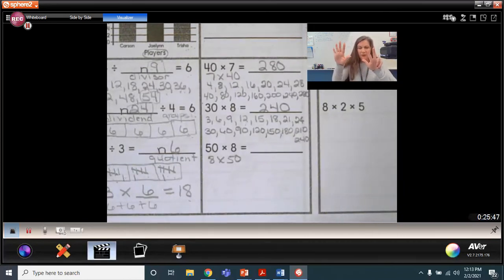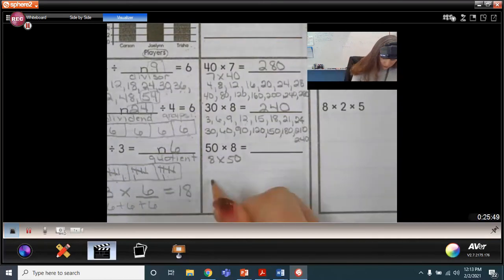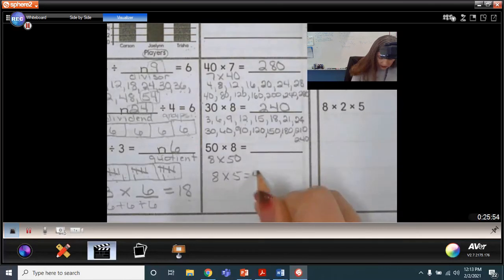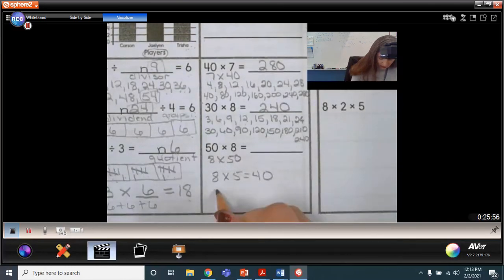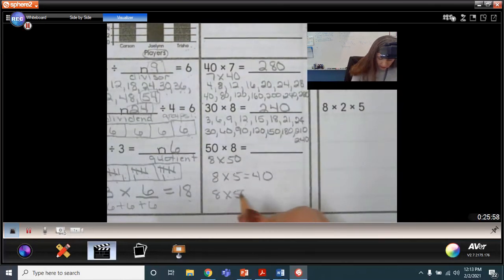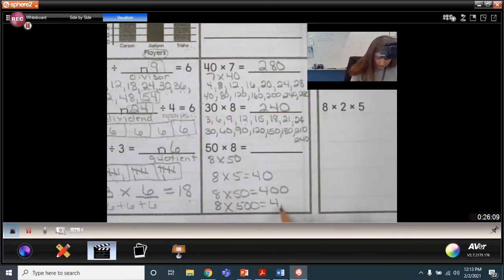So we know 8 times 5 is 40. So if it's just 10 times that, 8 times 50 would be 400. And if we even wanted to go a little bit further, 8 times 500 would be 4,000.